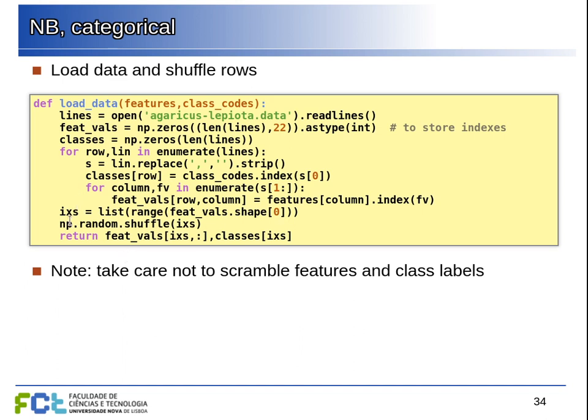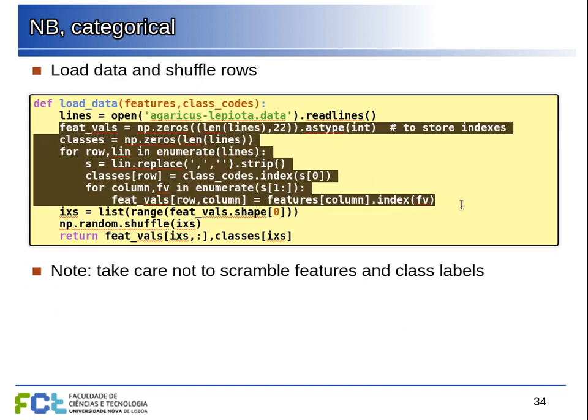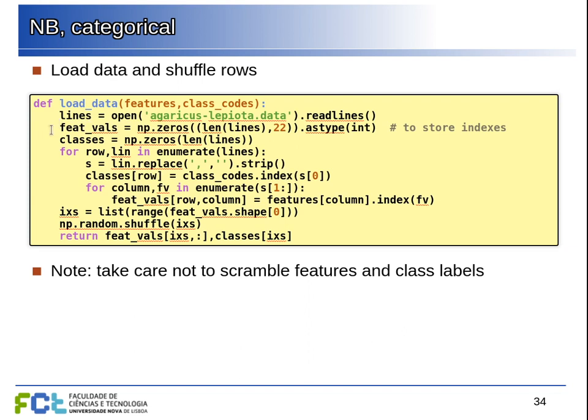But one important thing here is that once we have both of these matrices, the matrix with the features and with the classes, now we can shuffle everything. And if you separated the features from the classes, it's important that you do not shuffle them independently.